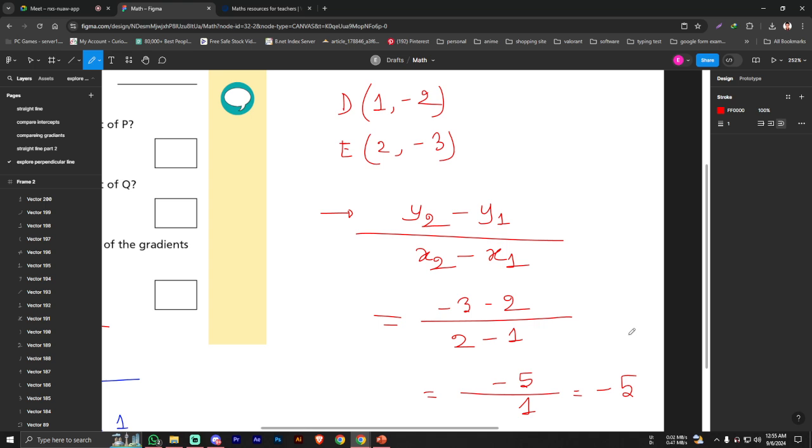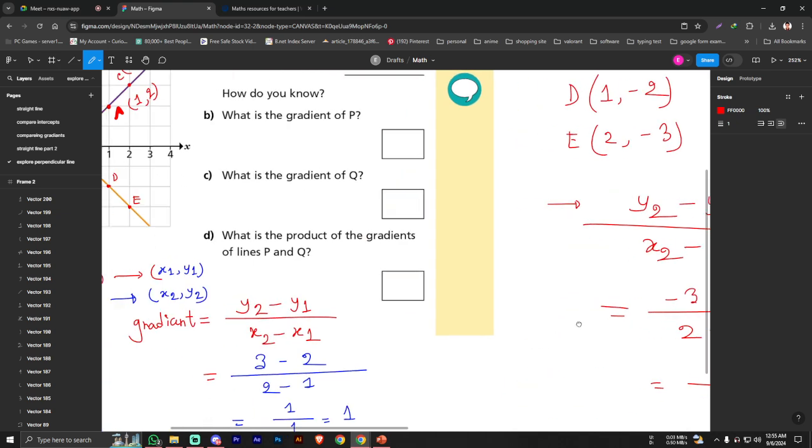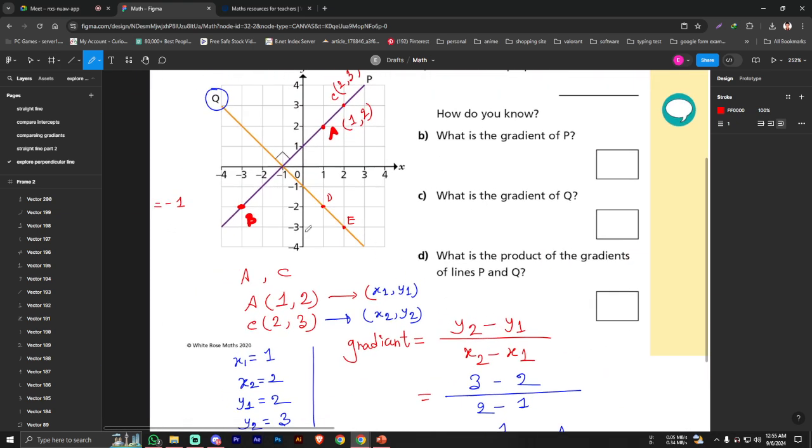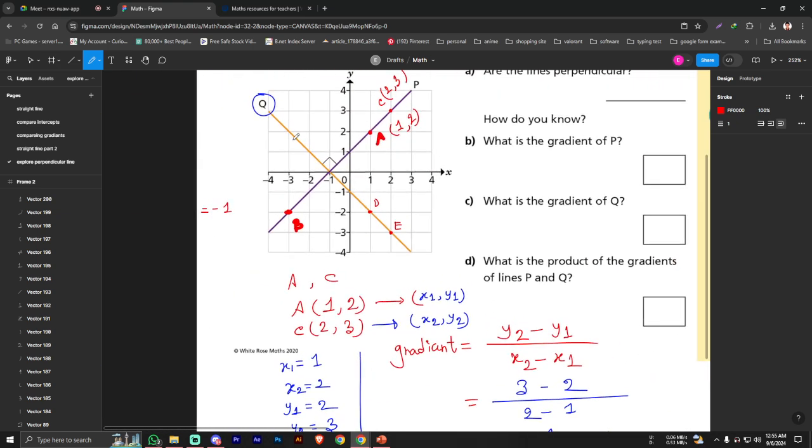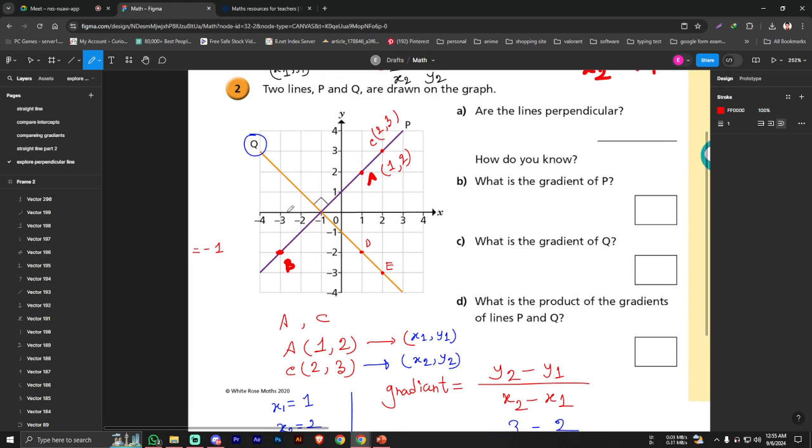This is how I want my coordinates laid out. Where is the problem? Okay, minus 3. Oh, okay. No problem. Same thing, right? Minus 2.